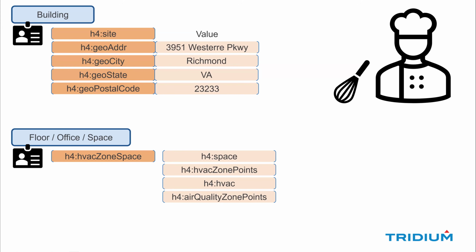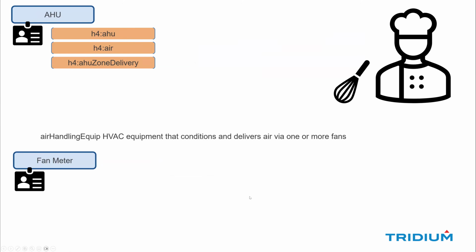So if I apply the zone space, it automatically inherits the space and the points and the HVAC and air quality zone points. I didn't have to add those. I just add the one and then it will go ahead and apply the others indirectly.